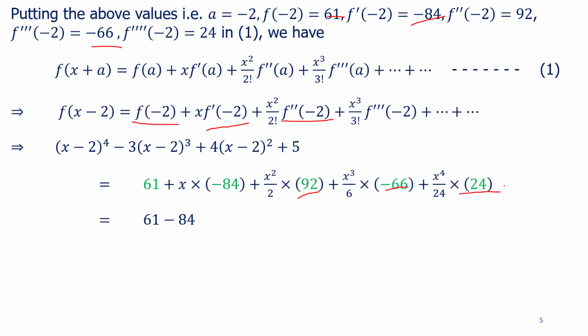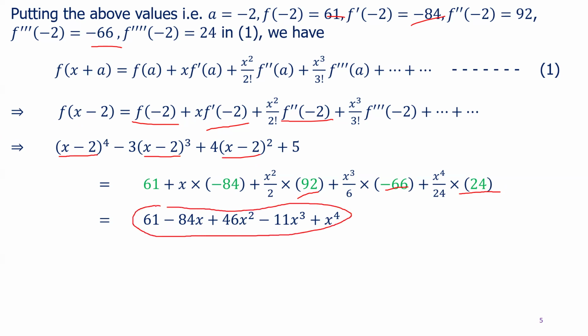Let us arrange all these terms in ascending power of x. So I think this is our desired result. Here we express the given expression, which is given in terms of x minus 2, in the ascending power of x.